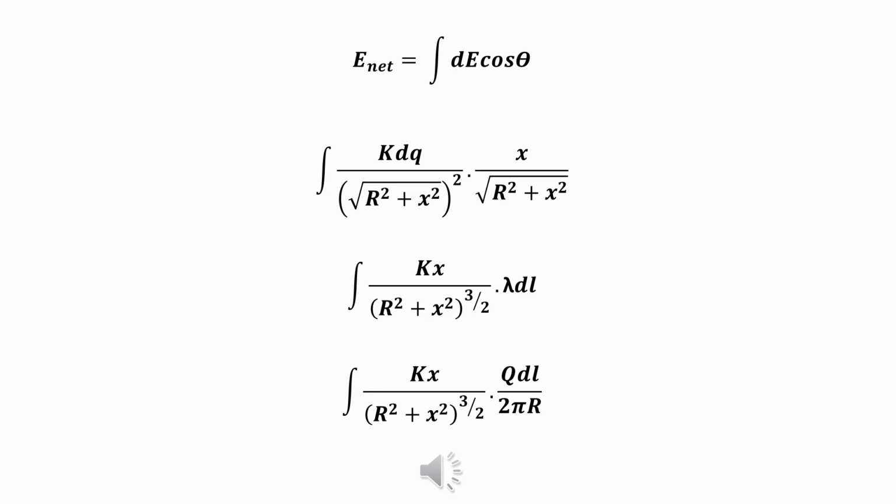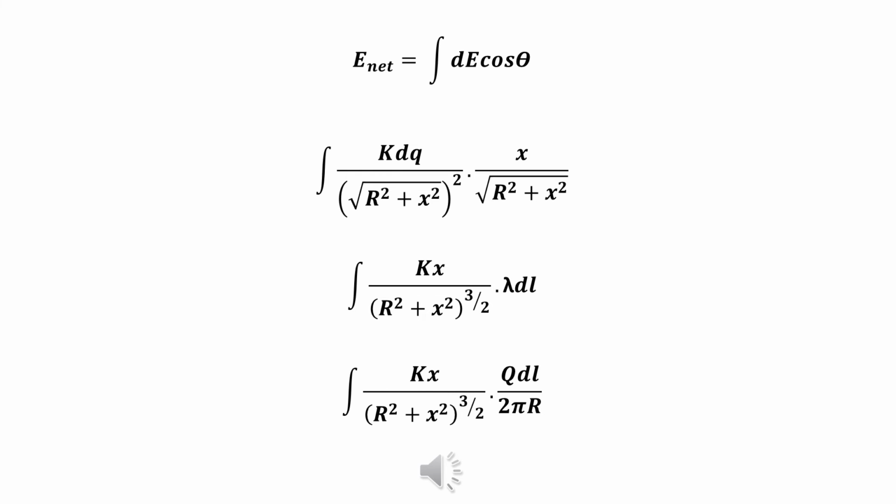As all of us know, the formula of the electric field due to a point charge q is kq by r square, where r is the separation between the point charge q and the point where we have to find the electric field. Now we will apply this formula here.